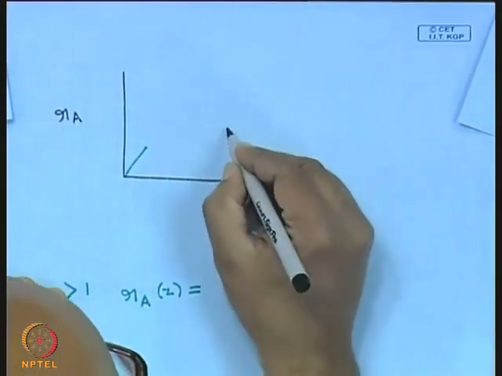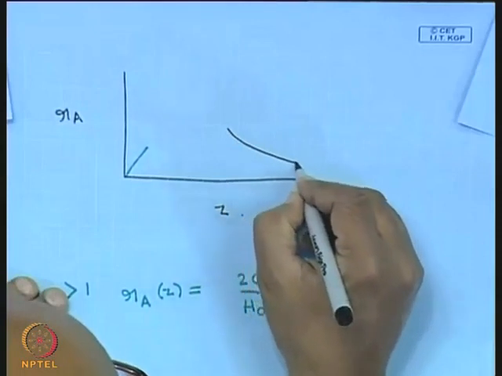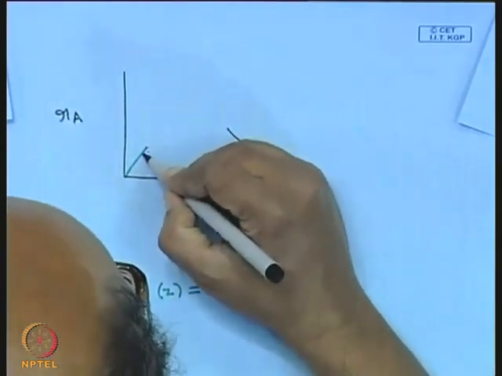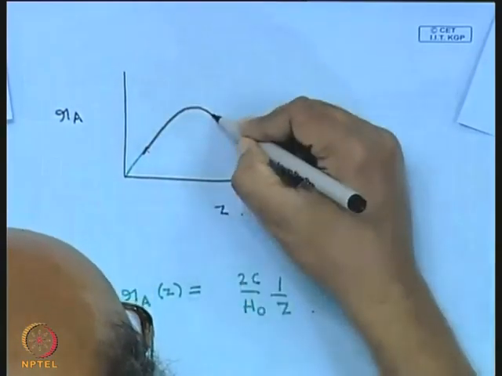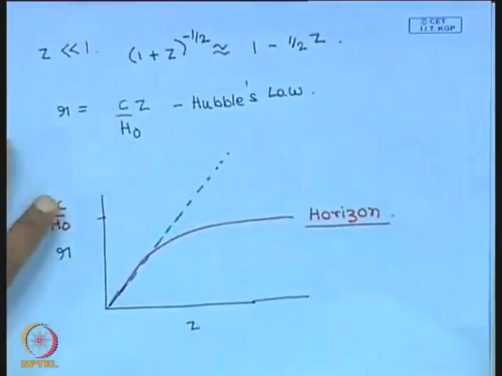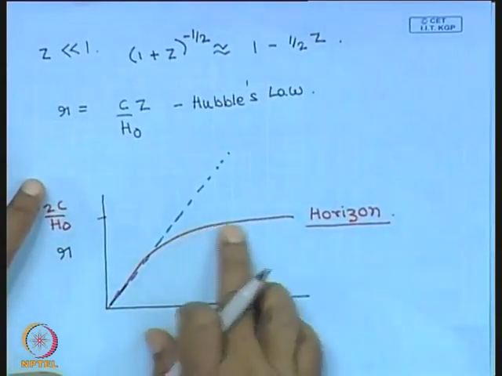So it falls off here as 1 by z, and in between it will have a peak value. So it will look something like this, the angular diameter distance as a function of redshift. Whereas the comoving distance to any object keeps on increasing with redshift and then it becomes constant.